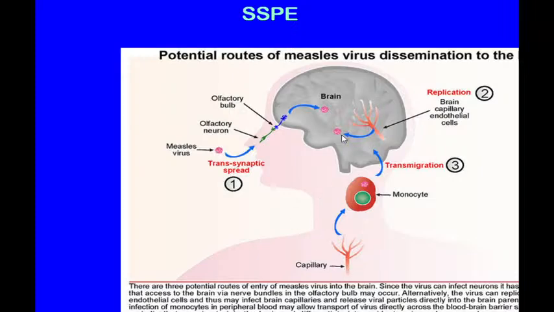And when the virus enters the brain, it may start multiplication, but quite often the virus mutates. And mutation occurs mainly in the M protein of the Paramyxovirus, or measles virus. And then if the mutation of M protein occurs, the virus cannot assemble.